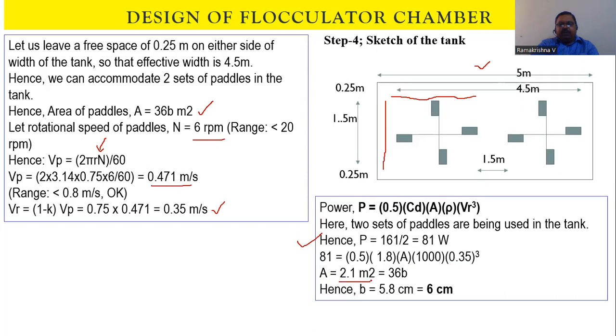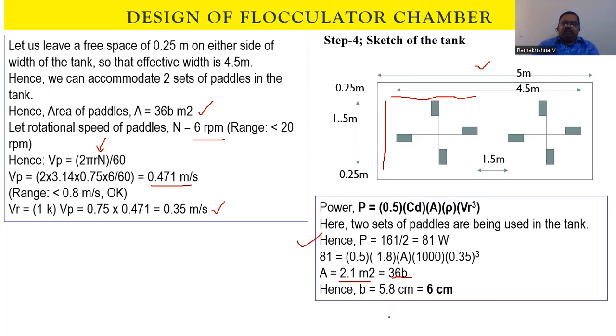So 2.1 meter square is equal to 36B, because this is how you have calculated 36B. How 36B here? 9 meters length, 4 blades, and each width is B. 9 into 4 into B, 36B. So using that, I can calculate the width of the blade is equal to 6 centimeters. 6 centimeters is slightly more than 2 inches.